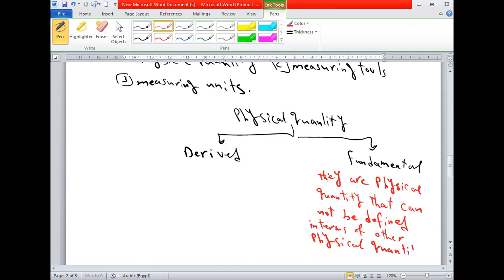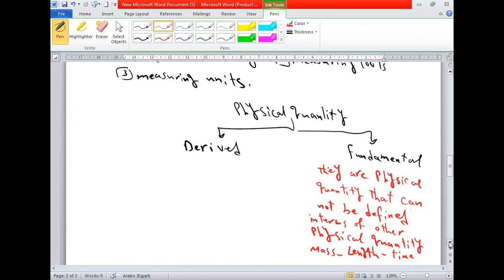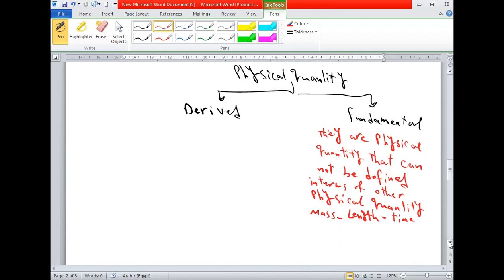Like what? Like mass and length and time. This is fundamental physical quantity, mass and length and time.